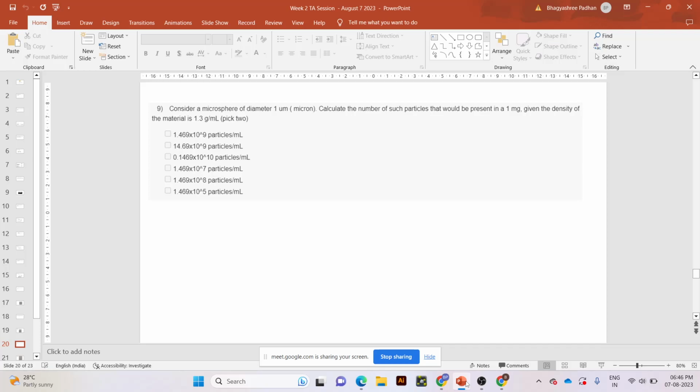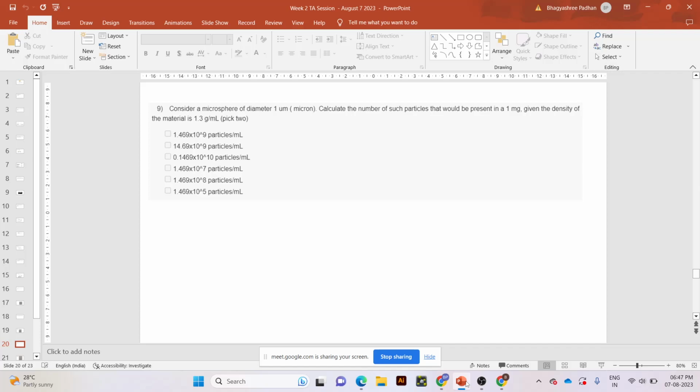And then 1 milligram should be converted to gram, divided by, 0.01 divided by volume multiplied by the density. Okay. Did you get it? Can you say a number? I think it was either 14.69 times 10 to the power of 9, and the other one, 0.1469 times 10 to the power of 10. Is it the same option?